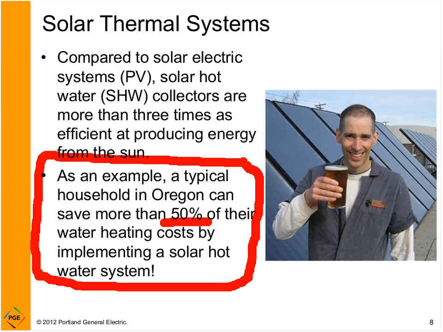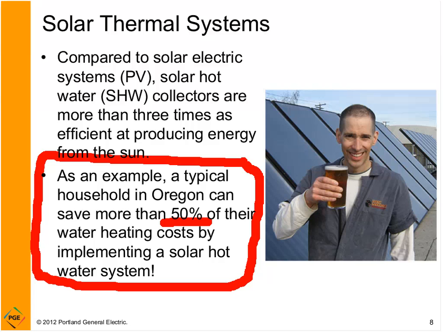That's a pretty well documented number. The Energy Trust of Oregon uses that for a lot of their calculations. So you can pretty much say that half of your heating costs for water heating can be solved by solar thermal. So it basically becomes free once you install a system.